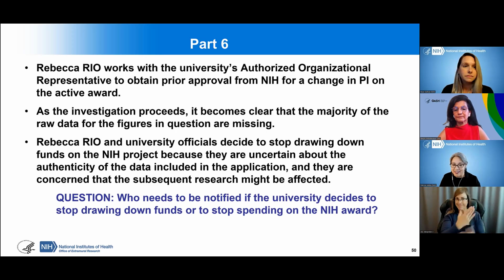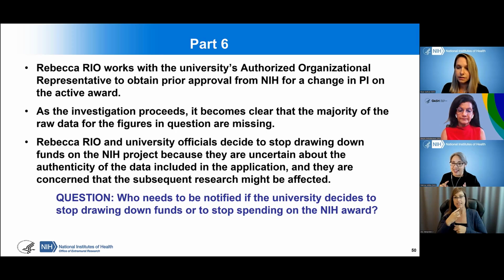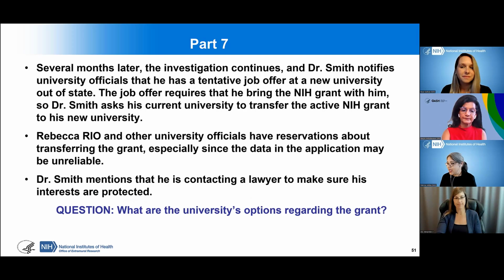So to be careful, we say, tell us about the issue, the research misconduct issue, and tell the grants management specialist about any type of actions you need to take on the grant, and we can help coordinate that with you too. Okay, let's go to part 7.